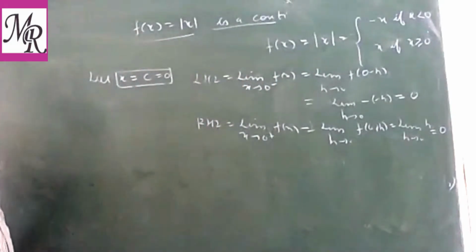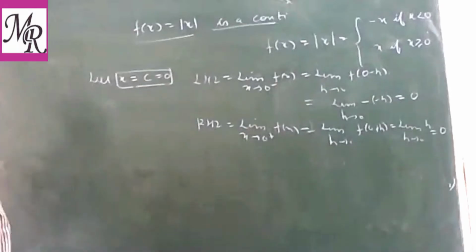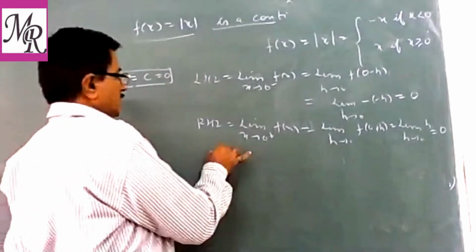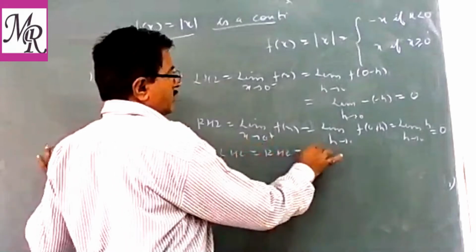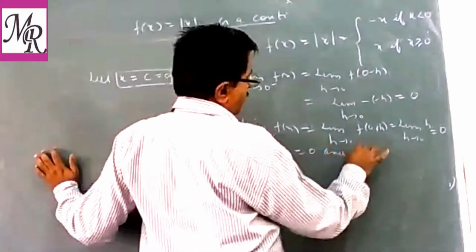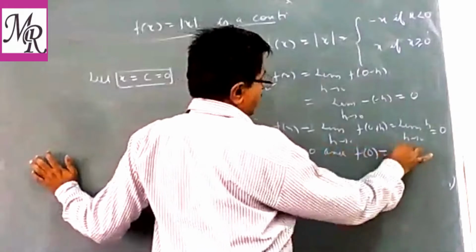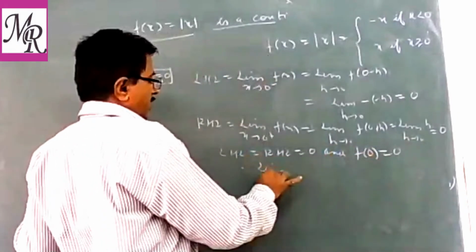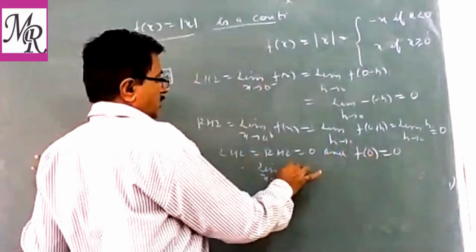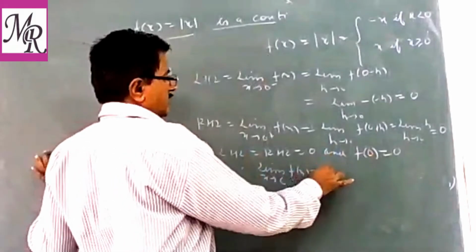So this function and value of the function at 0. So we get what? Left hand limit equal to right hand limit equal to 0 and value of the function at 0. So what we get? Limit x tends to 0 of f(x) is equal to 0.